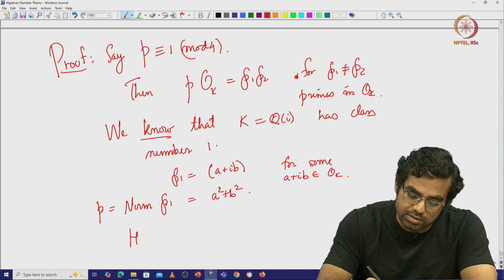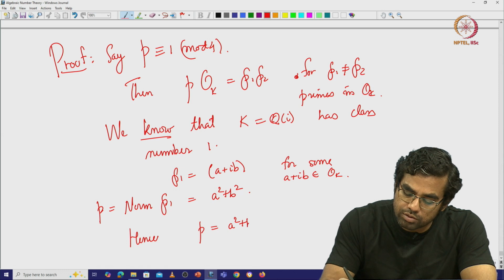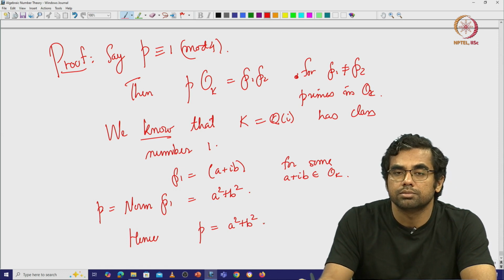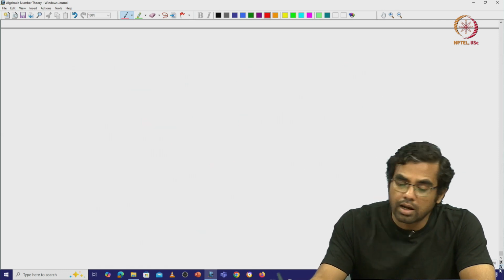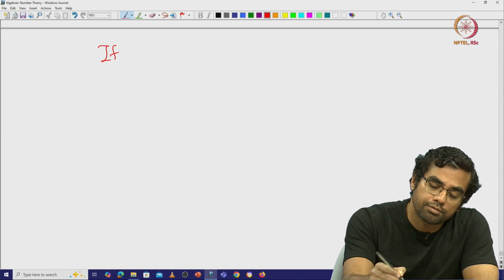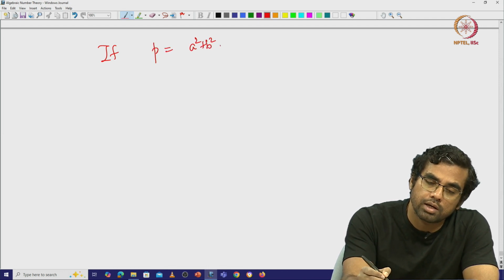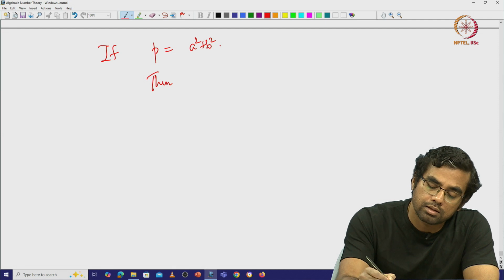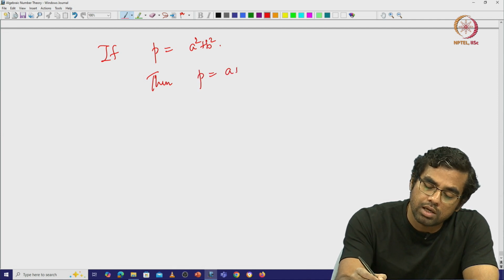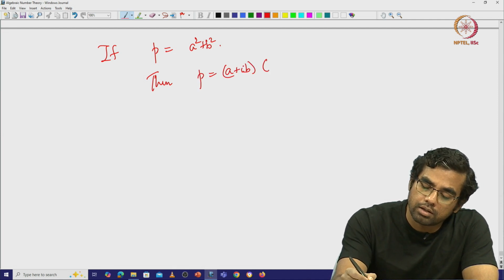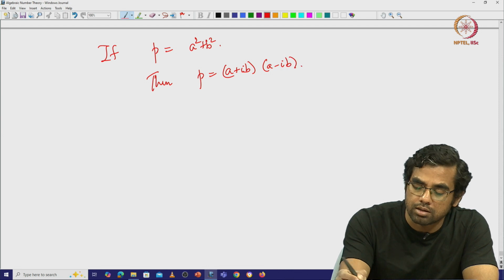Okay, so hence p is a squared plus b squared, is the sum of 2 squares. Okay. On the other hand, if p is equal to a squared plus b squared, then p is also (a plus ib) times (a minus ib).